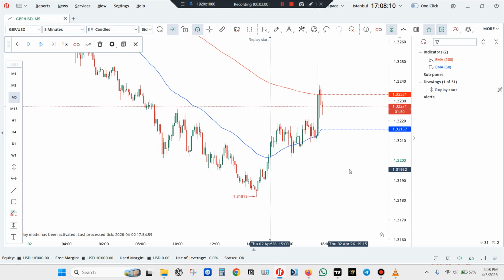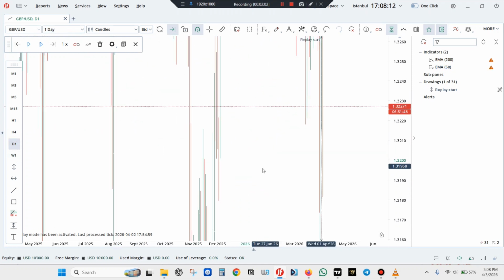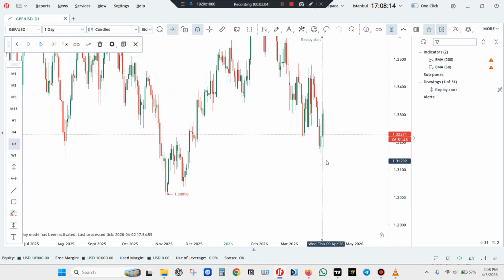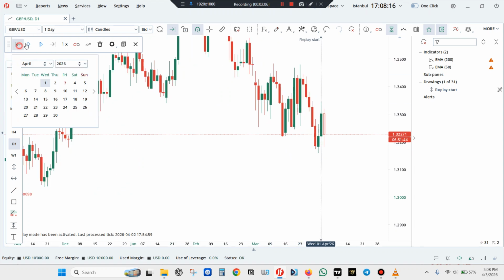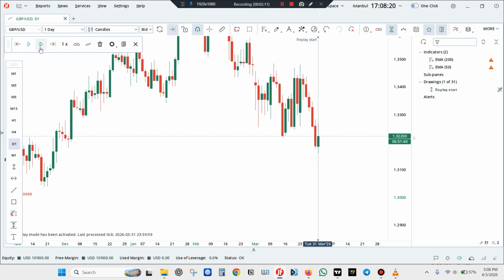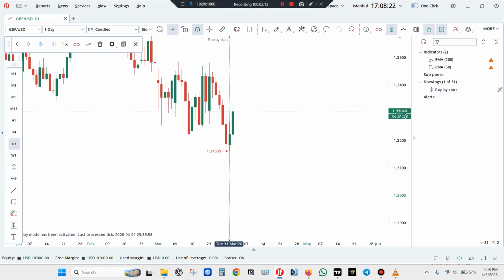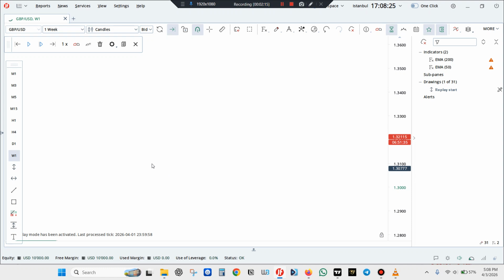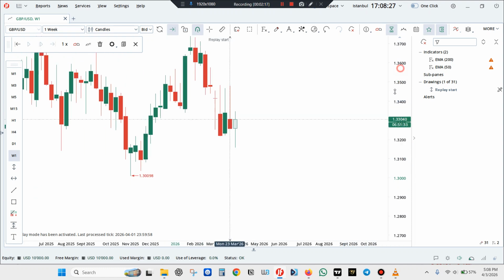It's cleared everything. So we go into the daily chart. We remove that specific day. So we'll start our analysis from the highest time frame, which is weekly.